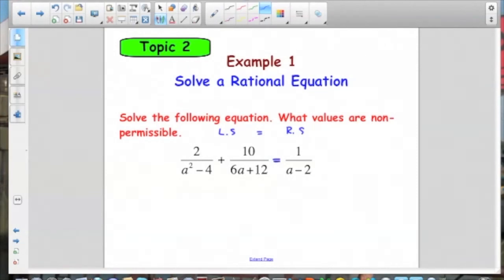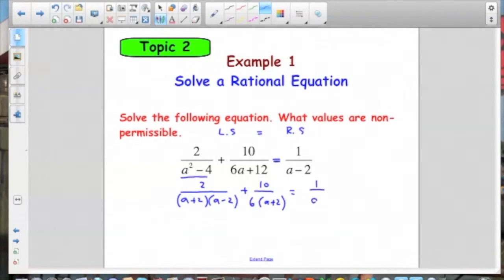So in this case, we are going to look at the bottoms. Okay, so what does that factor to? It's a plus 2, a minus 2, all over 2, okay? And the next one, what does that simplify to? Well, a 6 is common, so it's a plus 2.